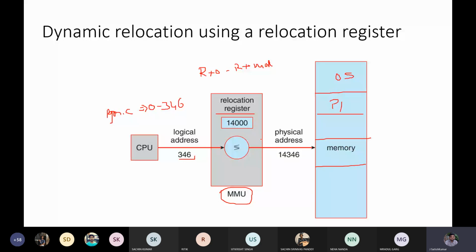This space is allocated to program.c from 14,000. If a new process is coming, will it be allotted here? If this space is free, this space is free, will it allot here or here?